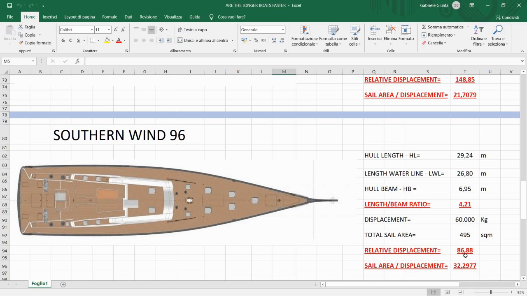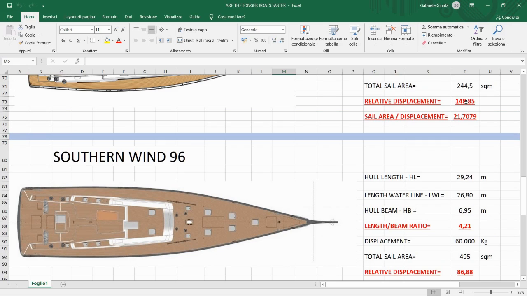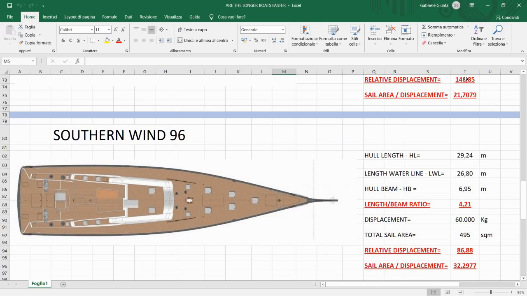So relative displacement is 86.9, let's say. Relative sail area is 32.3, let's say. So also here again we are going better because we have a lighter boat, 86 against 148, with more power, more sail area, 32 against 21.